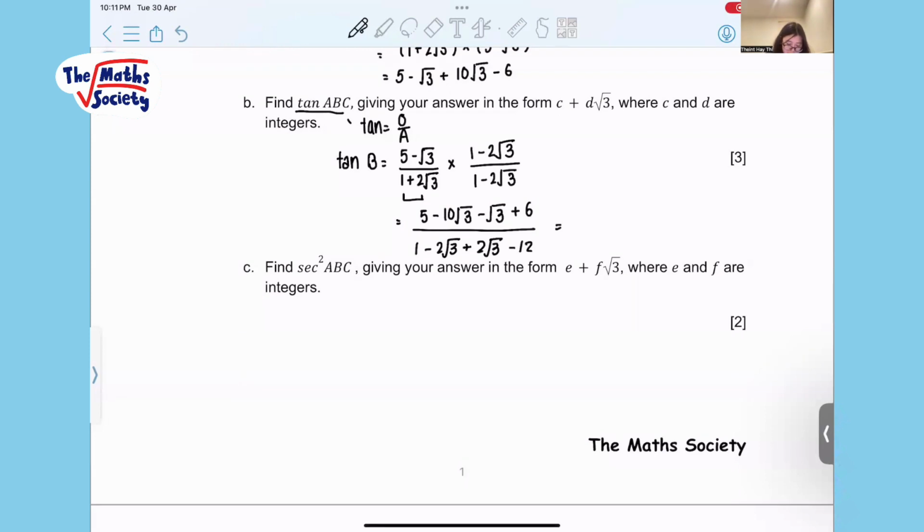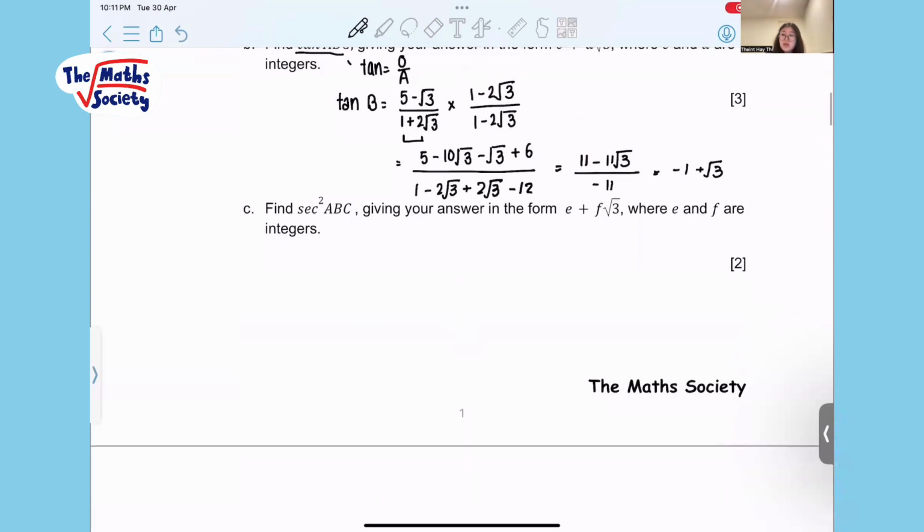So you'll have 5 plus 6, which is 11, and then minus 10 minus 1, which is minus 11 root 3, divided by 1 minus 12, which is minus 11. You just divide by 11, which is minus 1 plus root 3.